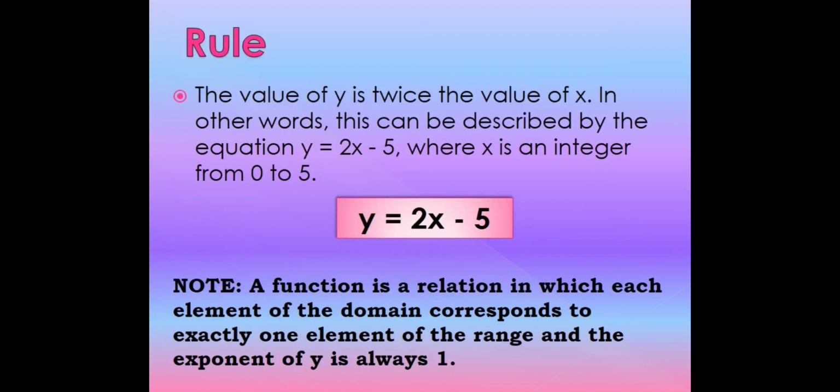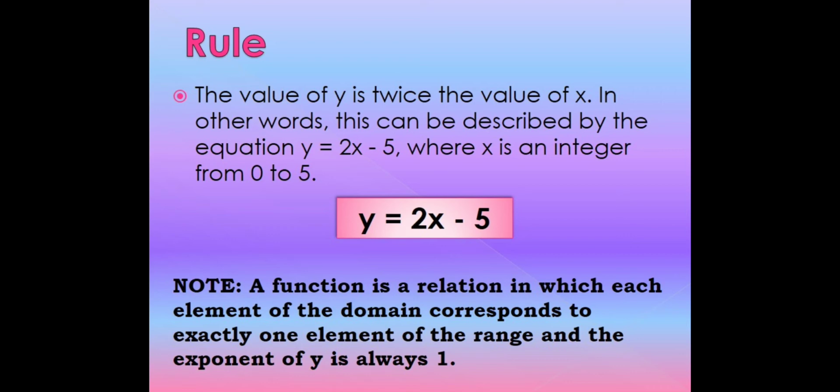We have the rule, or what you're most familiar with, the equation or formula. Here is an example. The value of y is twice the value of x subtracted by 5. In other words, this can be described or represented by the equation y = 2x - 5, where x is an integer from 0 to 5.